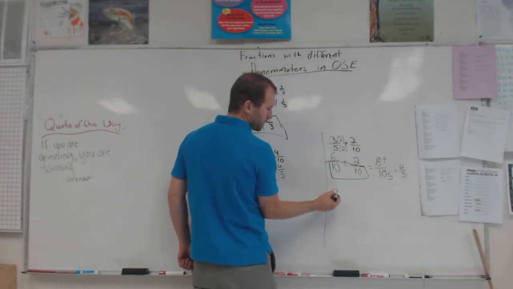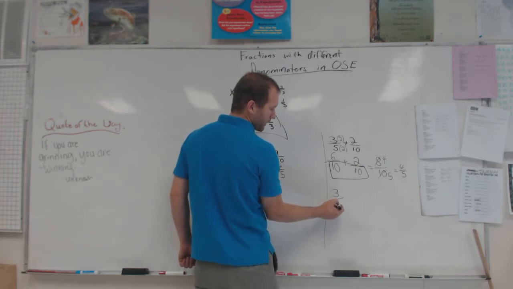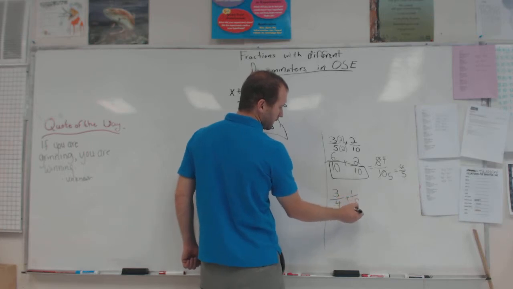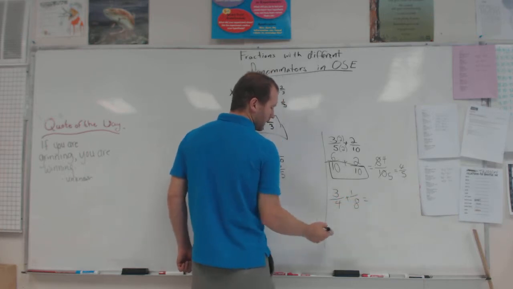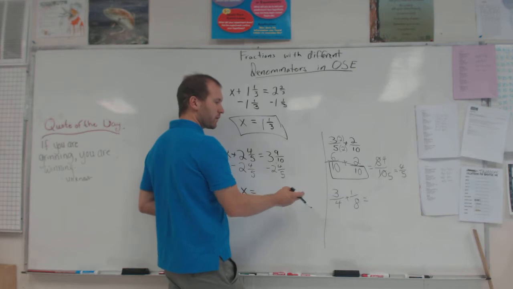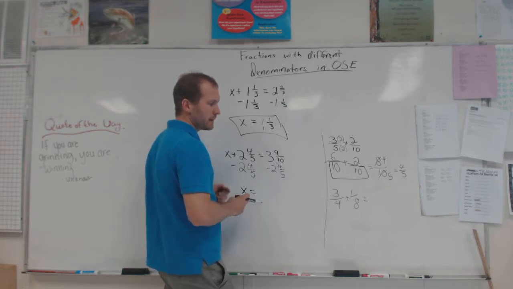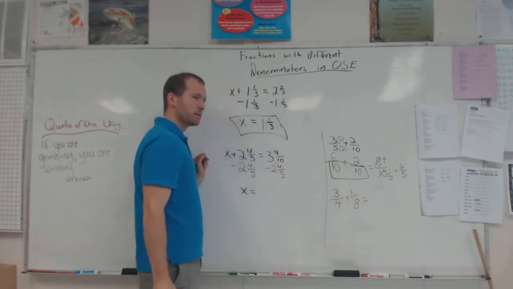Let's do a couple more examples. 3 fourths plus 1/8. Does anyone see a number that both 4 and 8 could go into? 2. It's always going to be a number that's bigger.